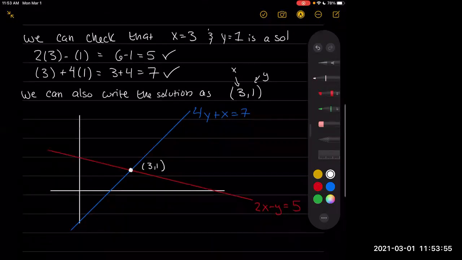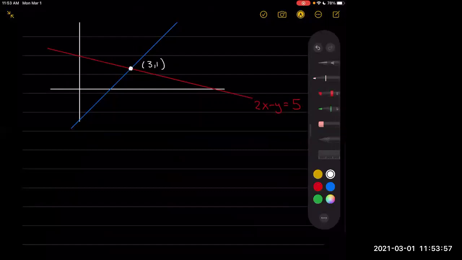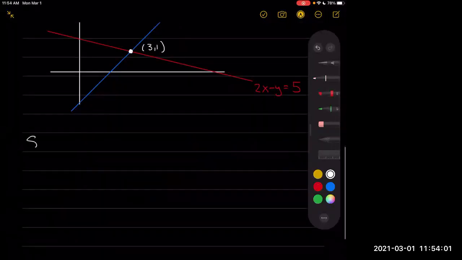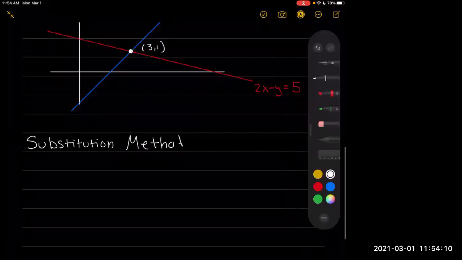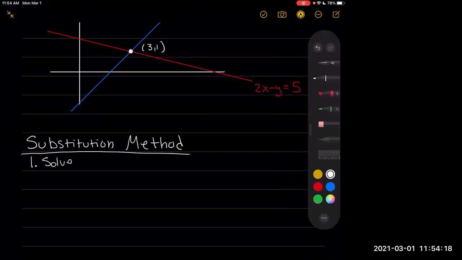Okay, and then we're going to learn some methods to solve. So our first method is the substitution method. The first step in the substitution method is going to be solve for one variable.